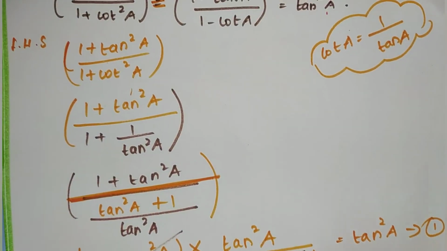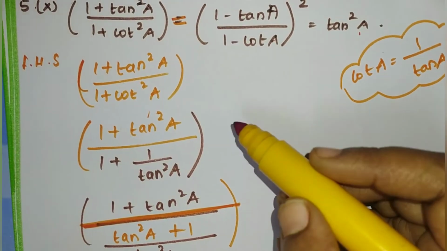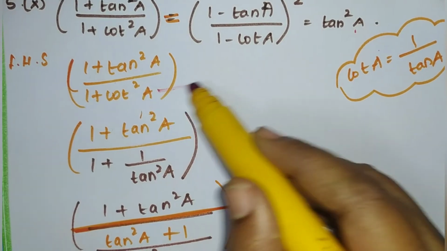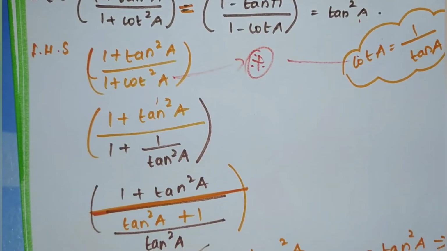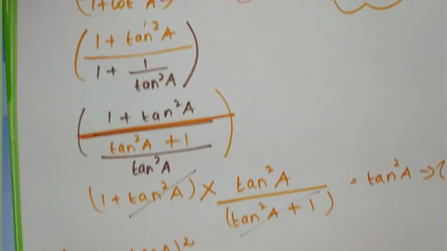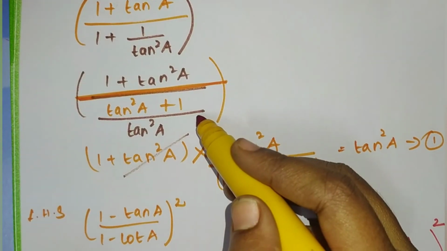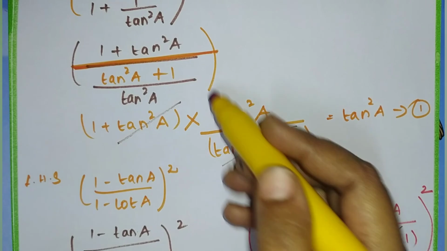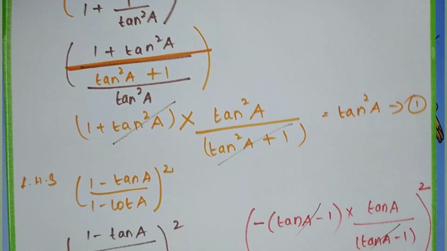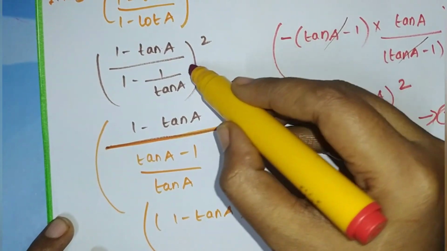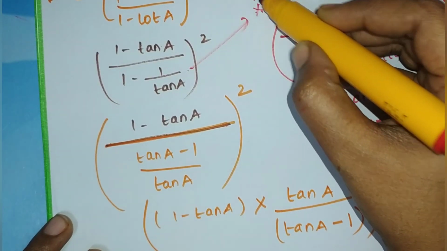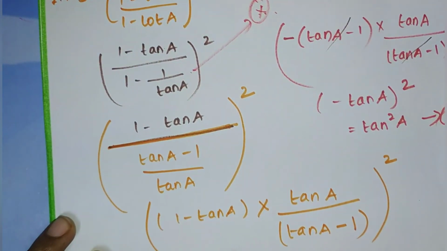Clear? What is the thing you have to remember in this problem? Instead of cot you have to substitute the reciprocal, and then you have to take LCM, reciprocal this one, and then cancel, and you will get tan square A. Here also you have to apply the reciprocal formula.